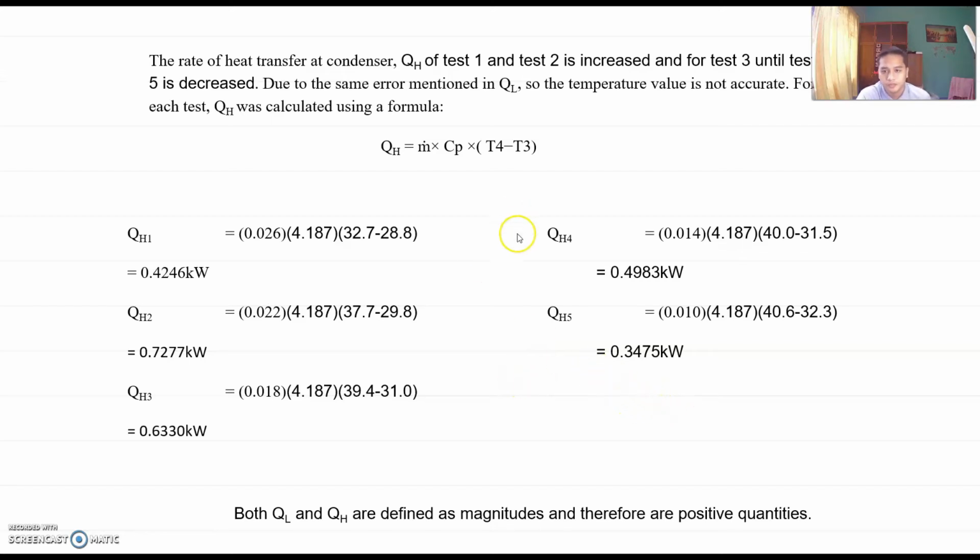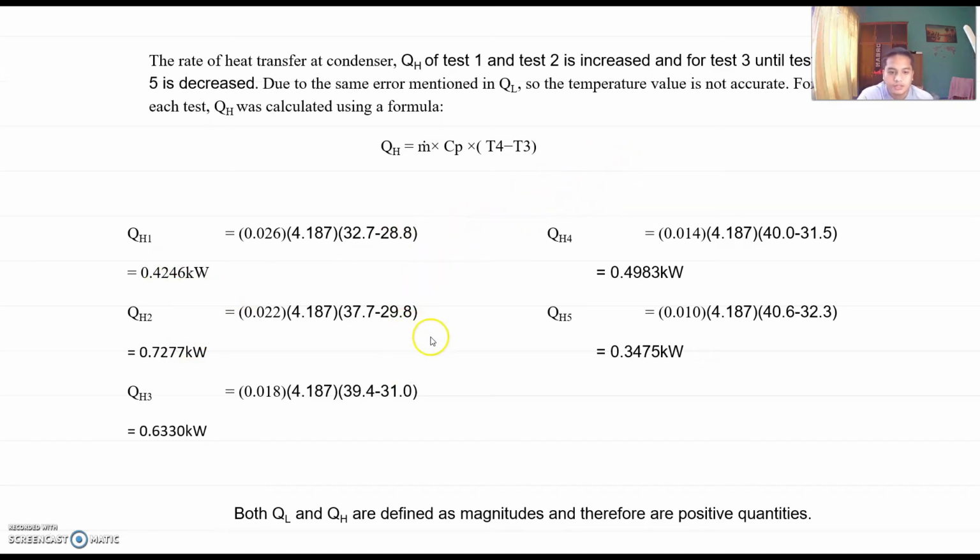For the discussion, the rate of heat transfer at condenser QH of test 1 and test 2 is increased. You can see here. Then for test 3 until test 5 is decreased.